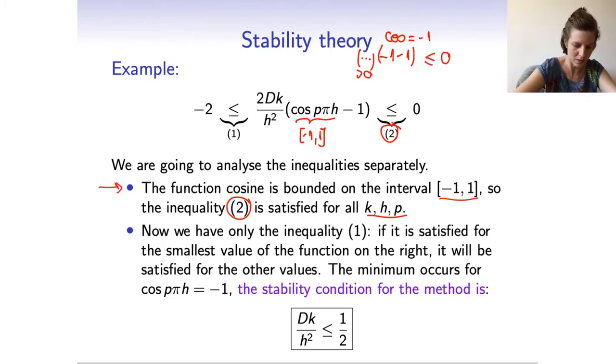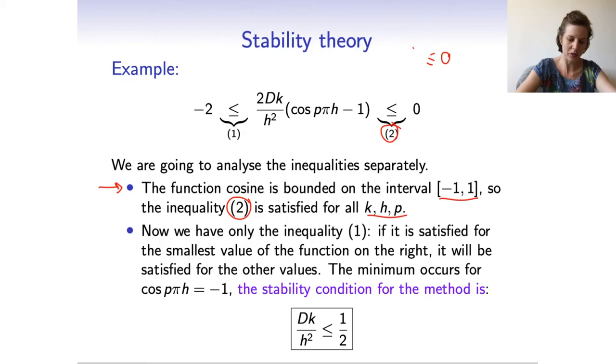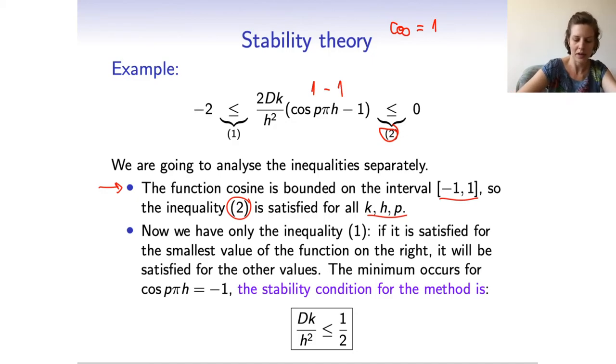So this is positive, and this inequality would be satisfied for any p, k, or h. Now for cosine equal to 1, it would be 1 minus 1, and it is also satisfied.